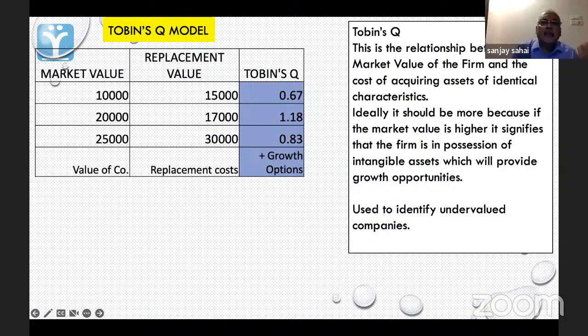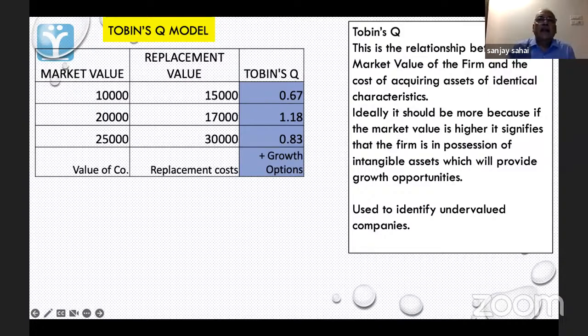I try to create an identical company. What will be the cost of that? How much will I actually pay for that? Let's say I find that I pay 15,000. And I look at the market value of its shares and I find that it is 10,000. That means, as far as the market is concerned, this company is not even worth its own assets.